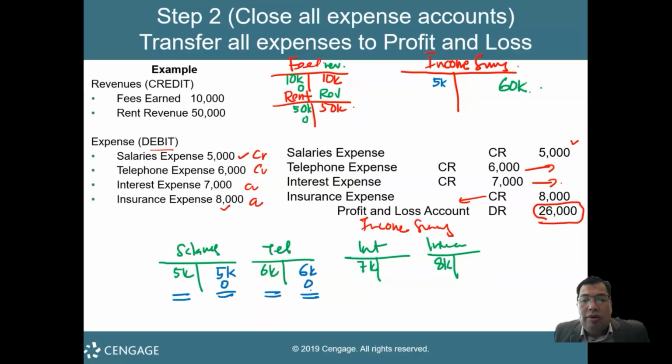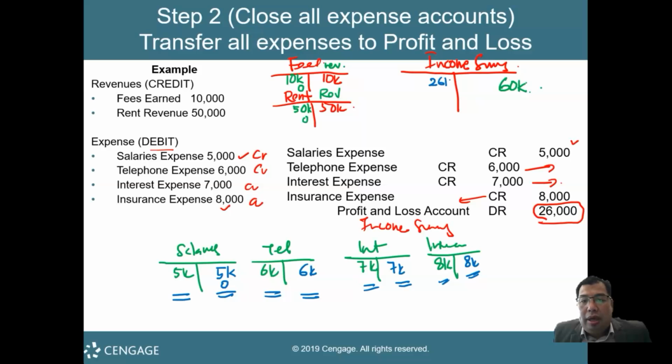You don't need to put the 0. So this will be debit here 6,000, interest expense 7,000, and insurance expense 8,000. If you total it, 8 plus 5 is 13, plus 7 is 20, plus 6 it should be 26,000.